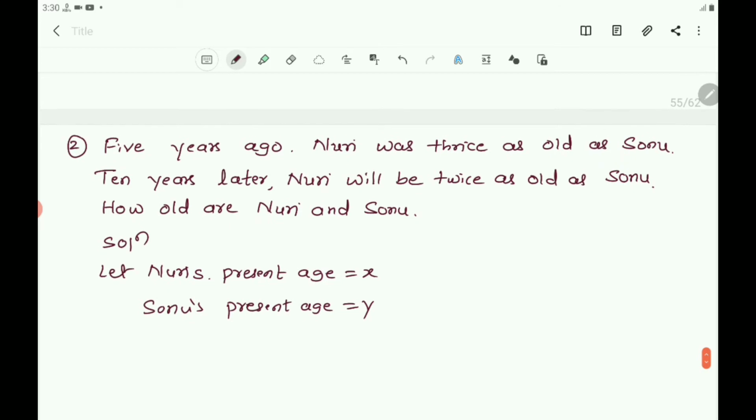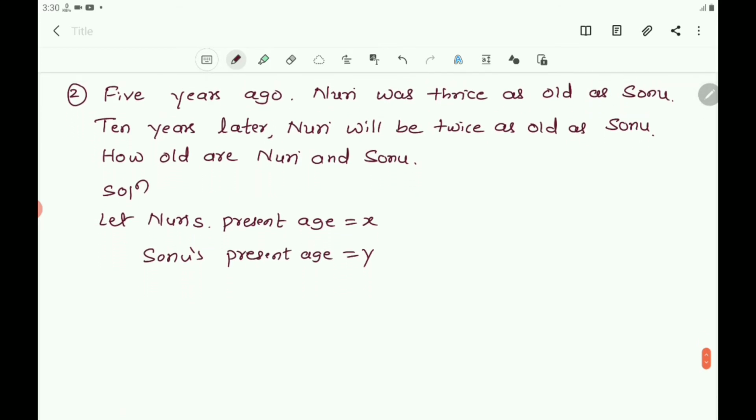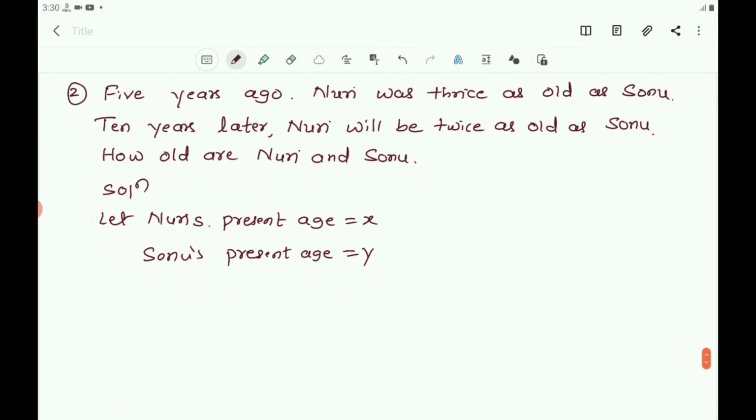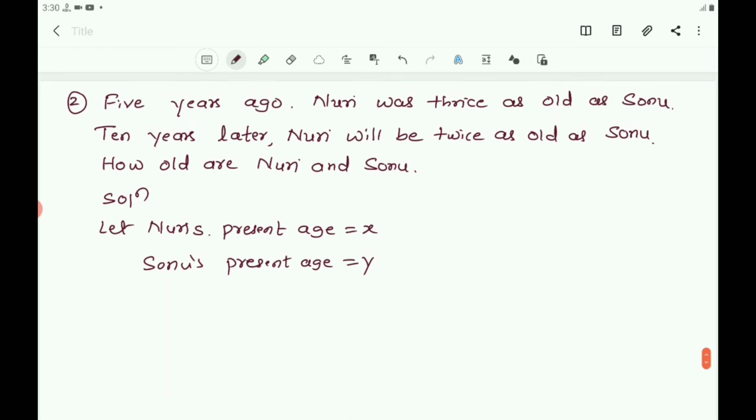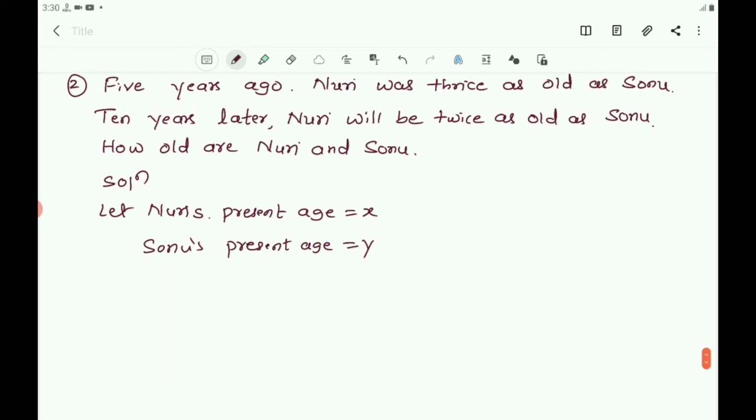Now what did they tell? 5 years ago. 5 years ago Nuri's age becomes x minus 5, and Sonu's age becomes y minus 5 here. Take 5 years ago: Nuri's age equals x minus 5 and Sonu's age equals y minus 5.